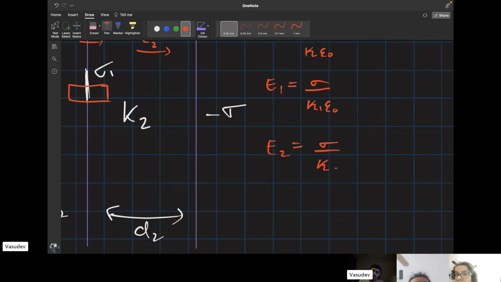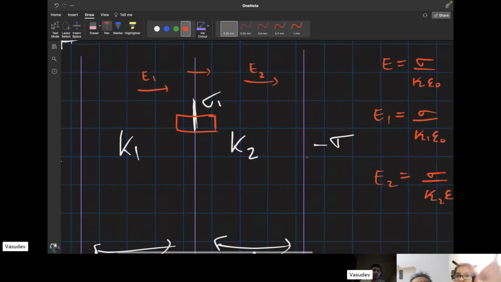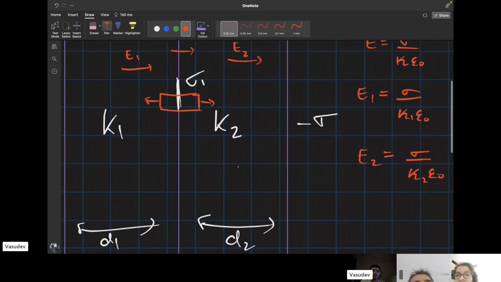I keep getting confused with kappa and K. Kappa 2 epsilon naught. Okay, and if I take this to be my pillbox, my area vectors would be pointing this way and this way respectively.